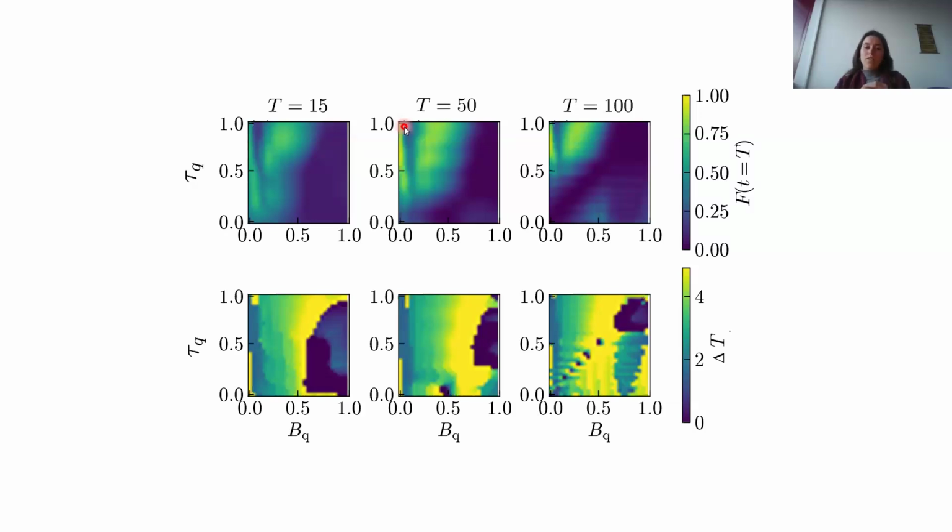So we want to see if the same parameters are suitable also for these protocols when we take into account dissipation. So we verified it, but we also wanted to use the same parameters. All right, thanks.